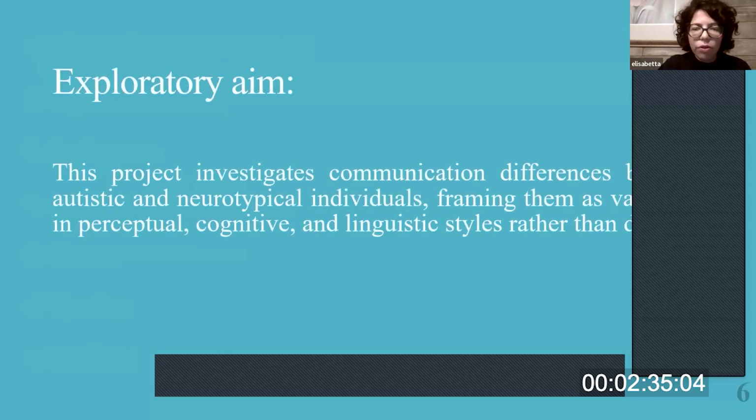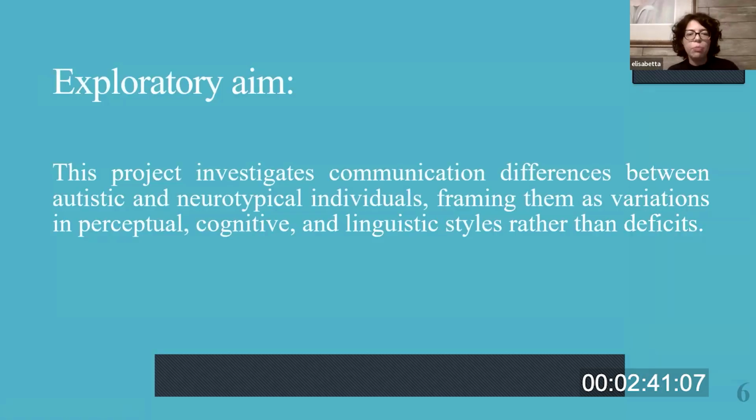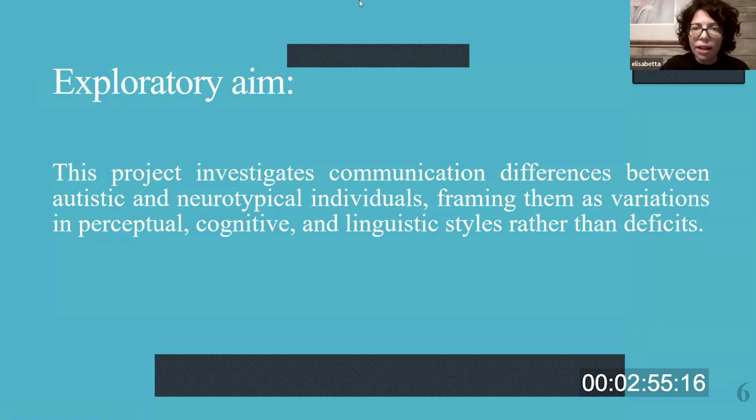Regarding the exploratory aim, the project investigates communication differences between autistic and neurotypical individuals, framing them, and this is really important, as variation in perceptual, cognitive, and linguistic styles rather than a deficit.